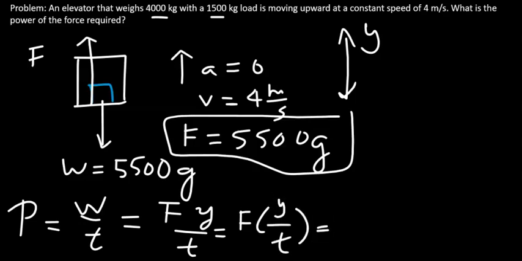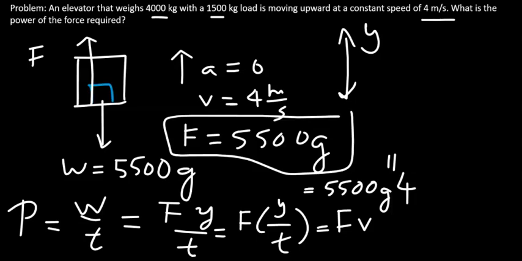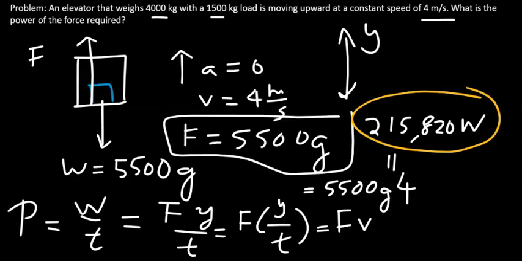That is just speed. So force times speed. The force is 5,500 times gravity, and the speed is 4 meters per second. And that's going to give you the power. And the power is 215,820 watts. And that solves the problem.